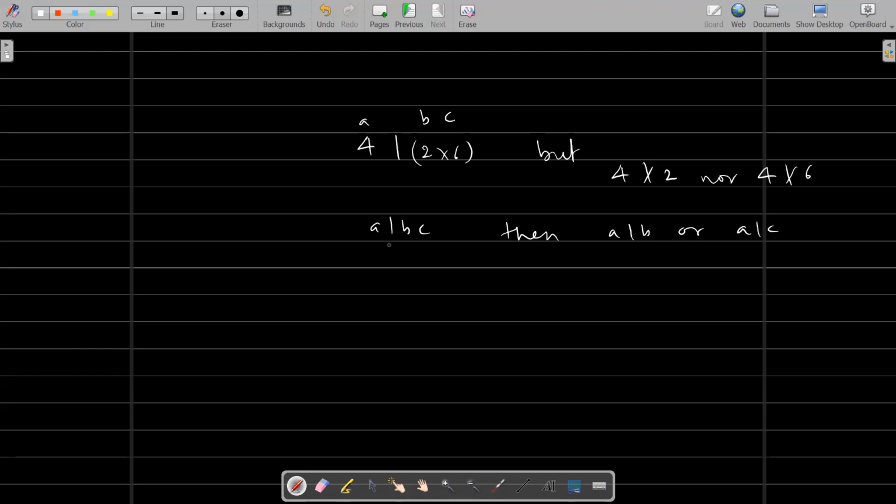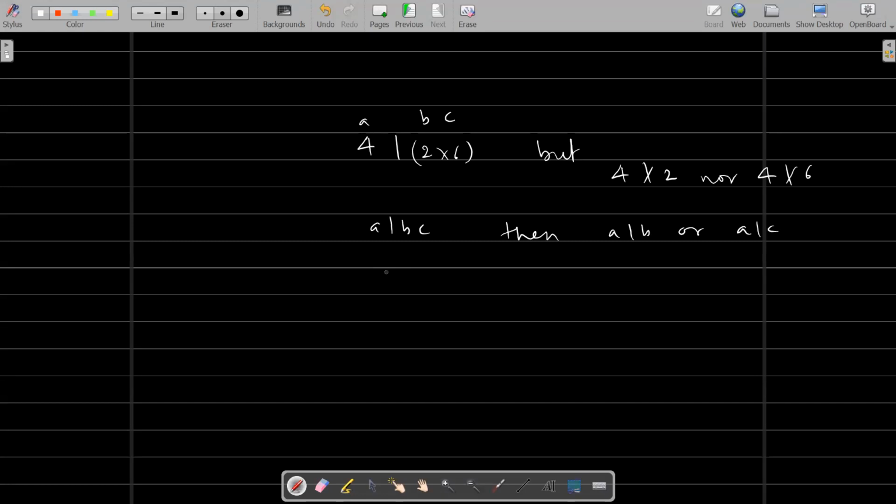Then that will divide the product of B and C. So we can have B equal to A1 into Q1 and C equal to A2 into Q2. So A does not divide either B or C, but it does divide the product of B and C. But if A is a prime number, then it can only have 1 and itself as factors, so it does not work in that case.